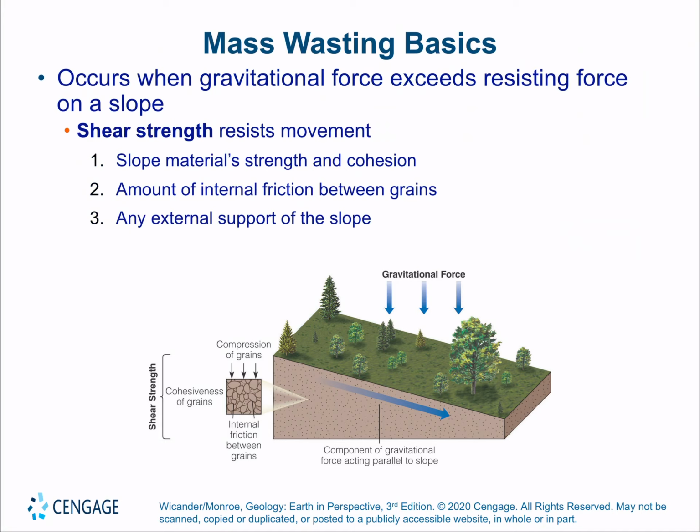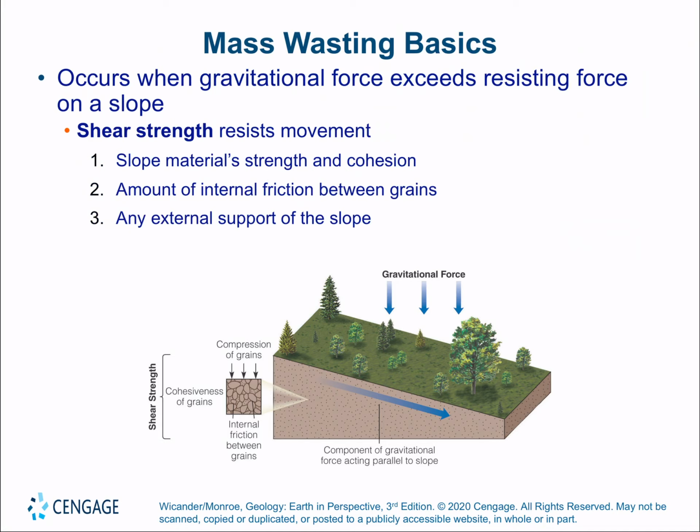When you're looking at shear strength, you're taking into account the slope's material strength as well as the cohesion. Cohesion is when you have molecules sticking together. It's a mutually attractive force.